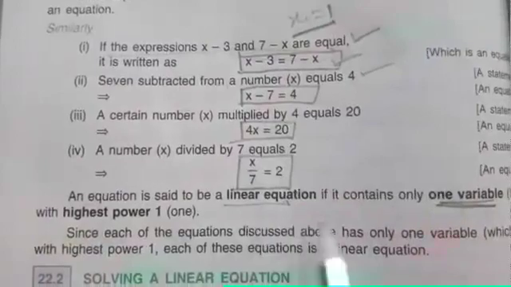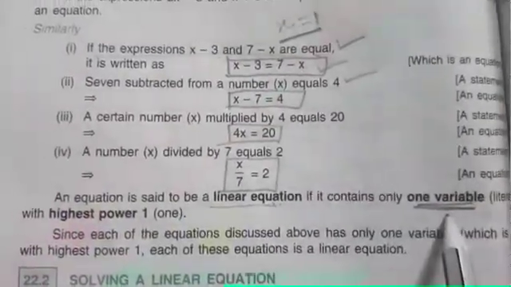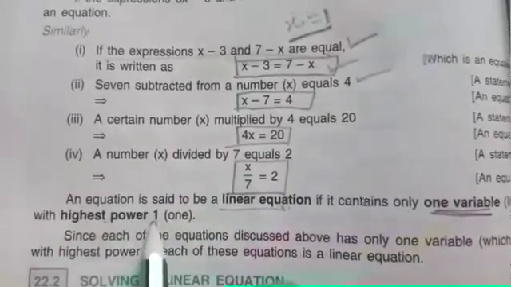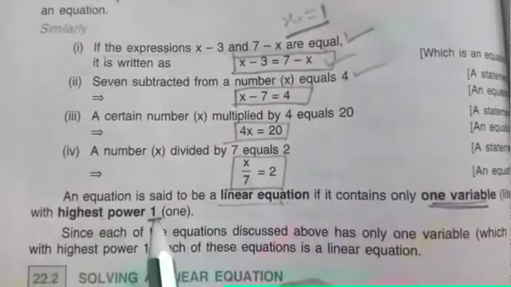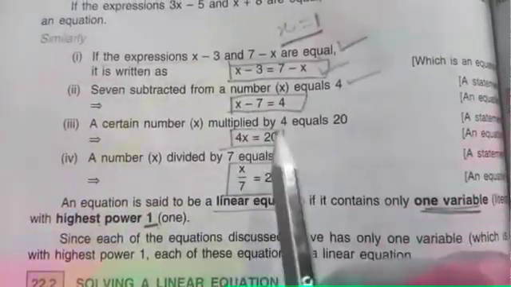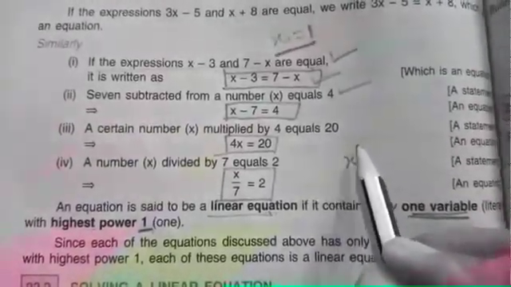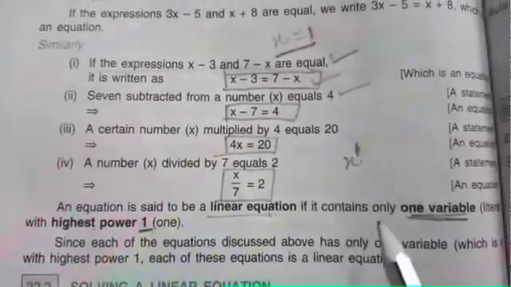So a linear equation is an equation which contains only one variable with highest power 1, whose maximum power should be 1. You can see here everywhere he has written only x, x and x, and its power he didn't mention. If anything's power is not mentioned, then it means its power is 1, right?